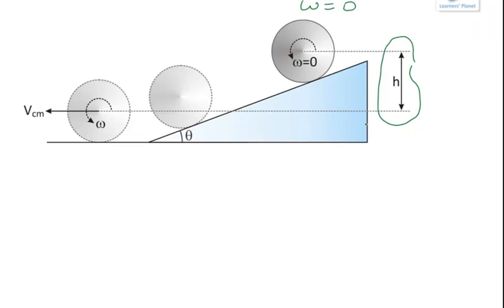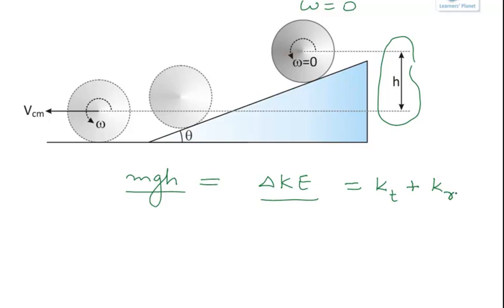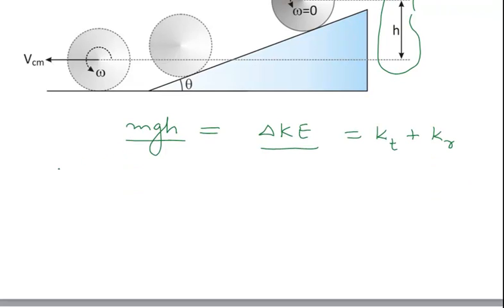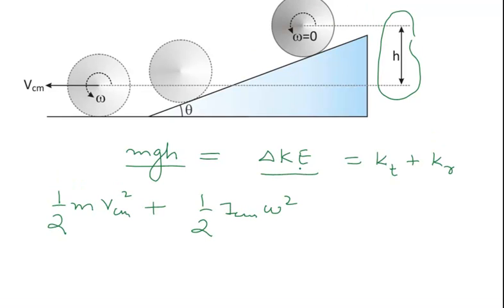So the potential energy that has come down is equal to mgh, and this decrement in potential energy has increased its kinetic energy. This kinetic energy is in two forms, one translational, another rotational: half m v cm square plus half I cm omega square.